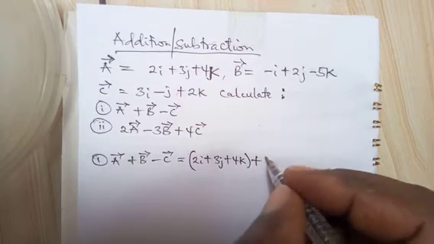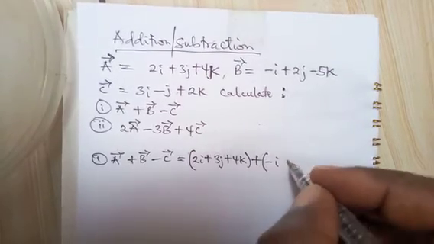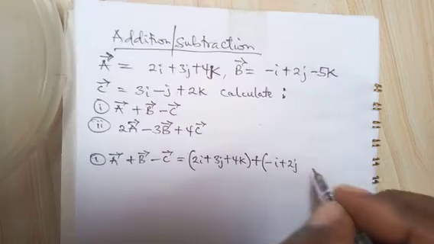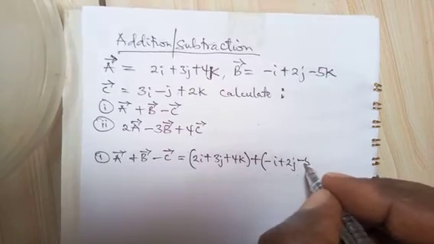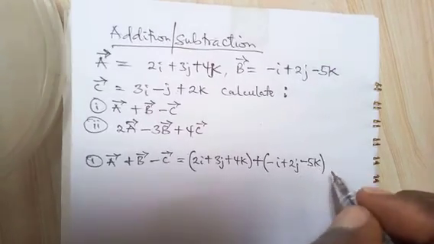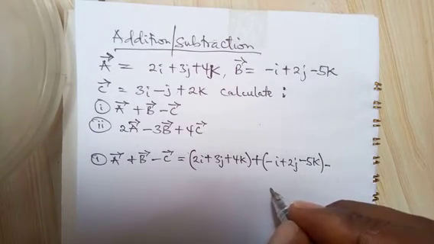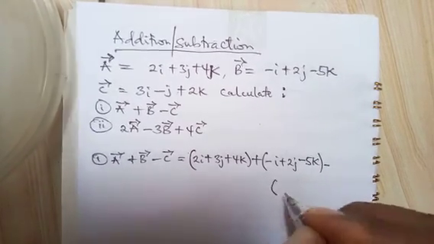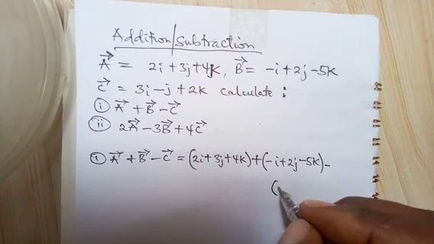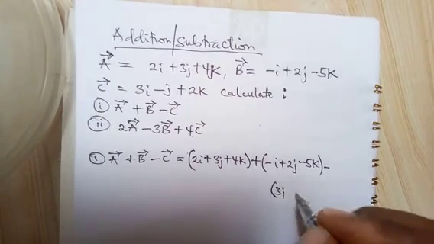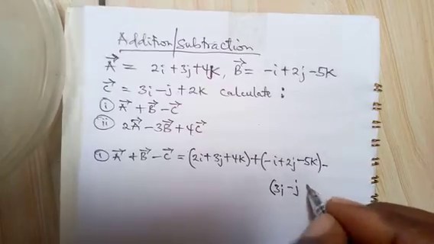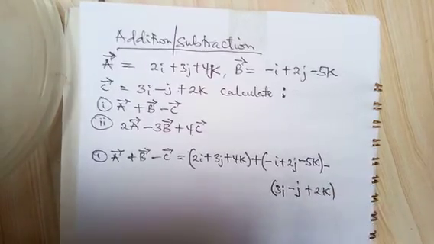Now vector B is minus i plus 2j minus 5k, minus vector C. Vector C is 3i minus j plus 2k.